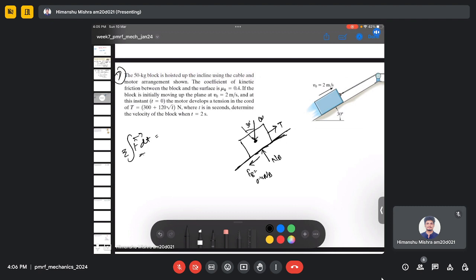And the coordinate system I am considering is this. So these are the forces which are acting, which means that if we use the conservation equation, we have to consider all these forces in this expression.